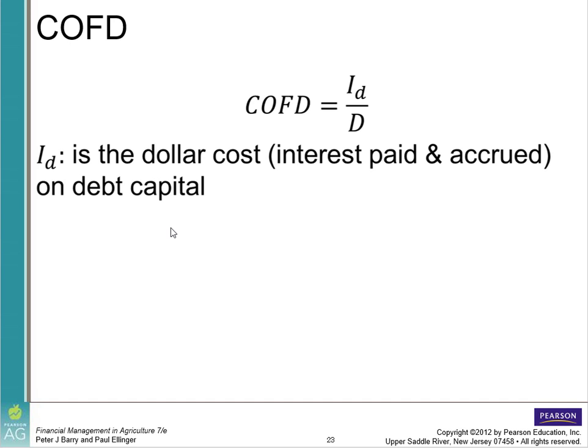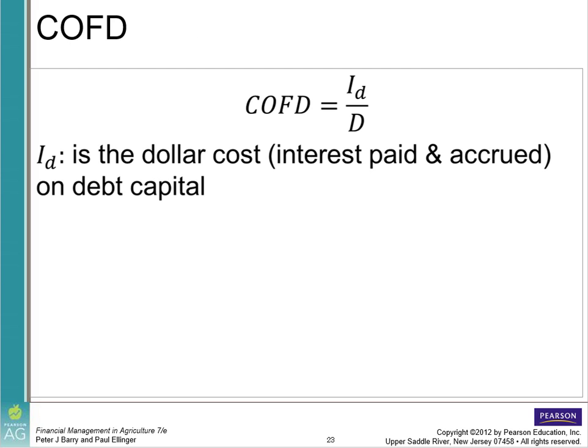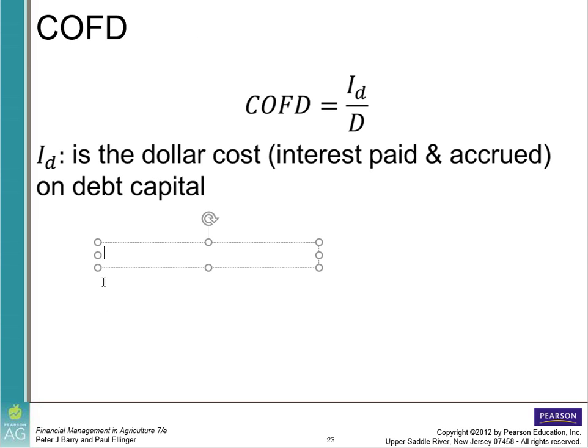So remember, when I say indebtedness, start immediately thinking of liabilities. Okay, so let me just go ahead and write this down here. D is simply the firm's average indebtedness over an accounting period.